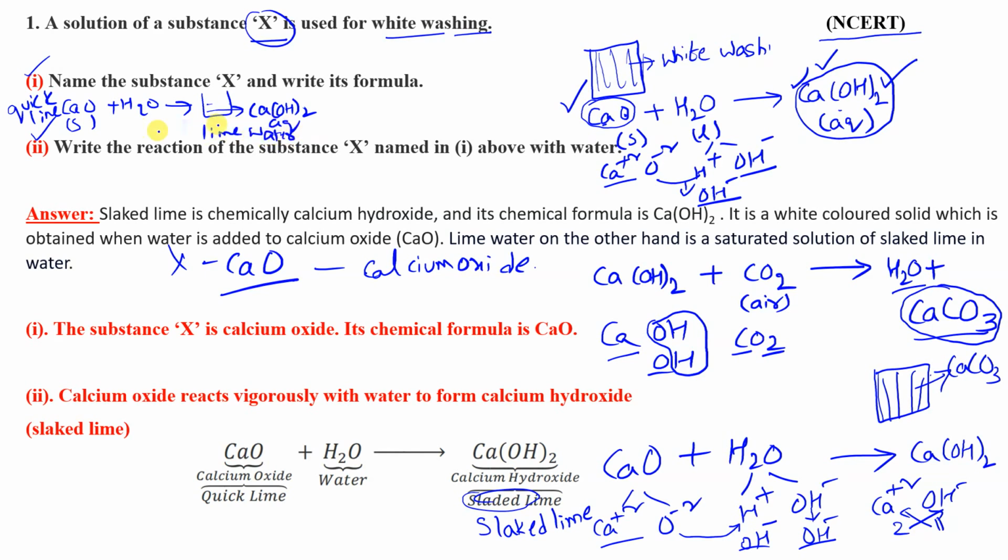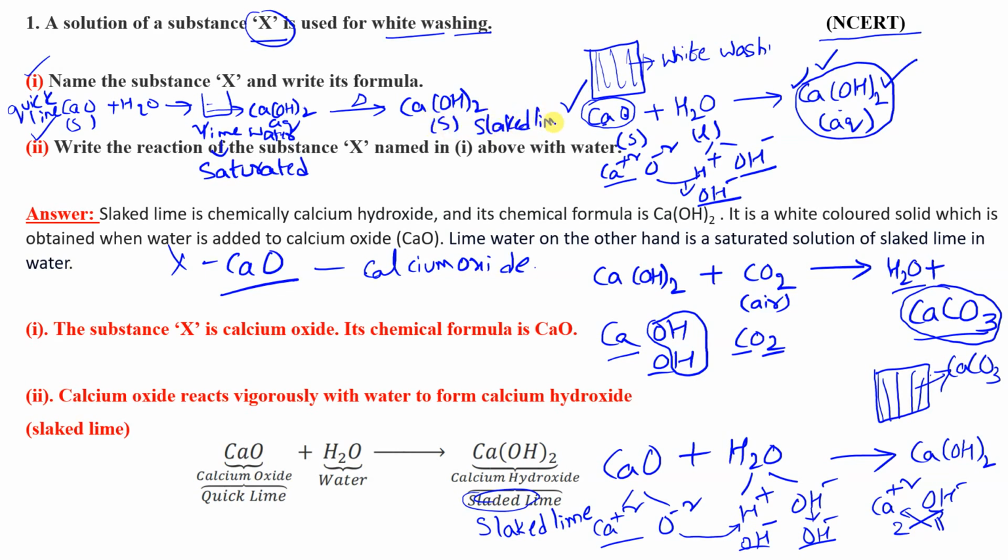In fact, it is a saturated solution of calcium hydroxide. So along with the calcium hydroxide, water is there in a saturated state. That is called lime water. Heat this, water goes off, calcium hydroxide is left. That is a solid substance. That is slaked lime.